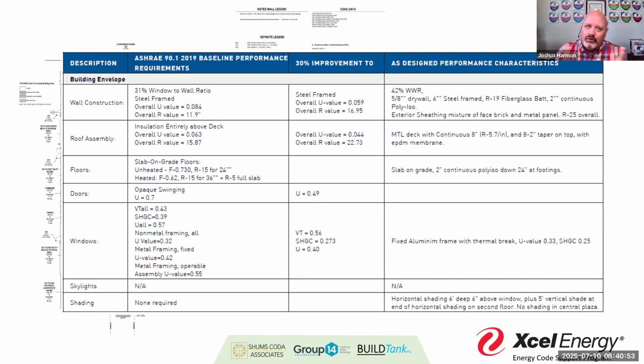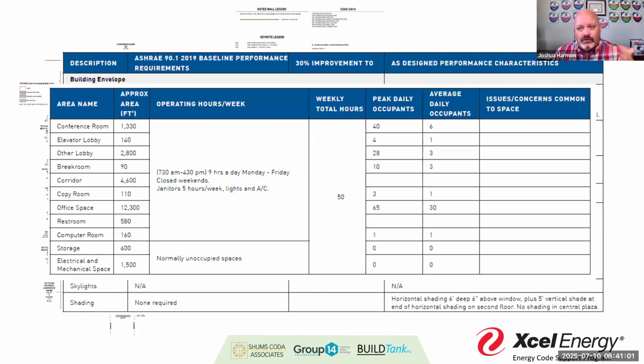So where's the inconsistency? Tell me which one's right. Same concept when it comes to how we calculate other things, like the number of operating hours, right? They're doing this mathematical calculation where they're expecting this building to be operating 50 hours, and these are the number of people that are going to be in those rooms.